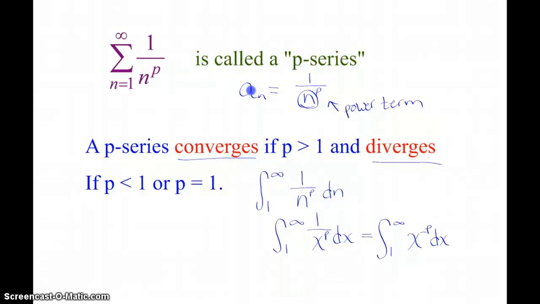And so we have the power rule is 1 over the exponent plus 1, x to the exponent plus 1. And it turned out that for us, when p was greater than 1, if you'll look back in your notes, we knew we had convergence.